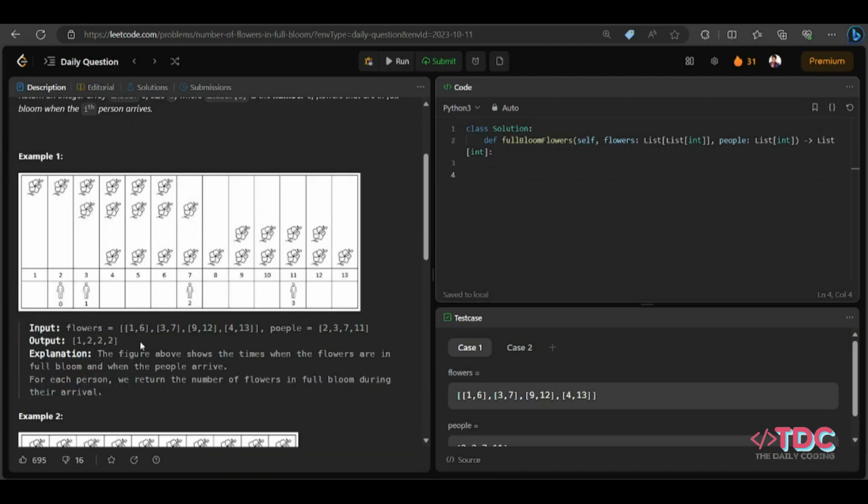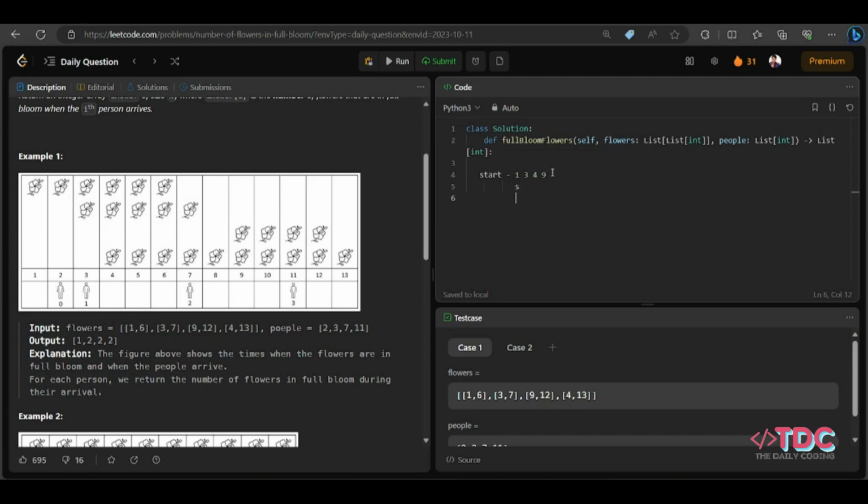We can count something like this. Let me show you. The flower starts are 1, 3, 4 and 9. I will sort them, so the order is sorted, right? And I will set a pointer s to a starting point.